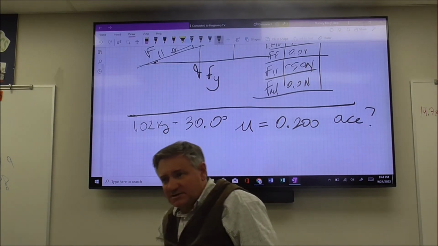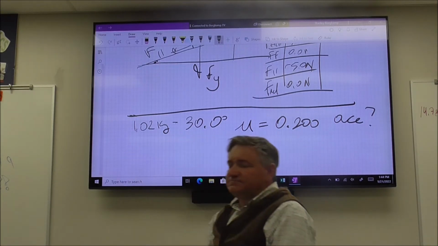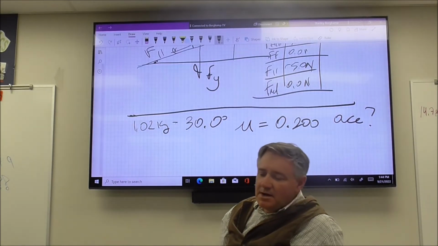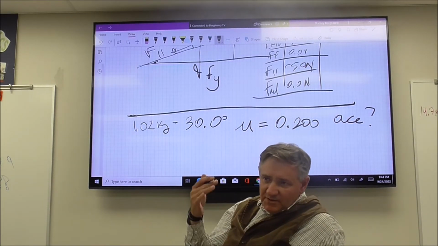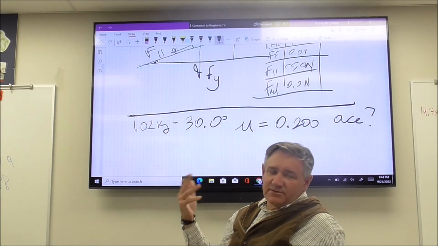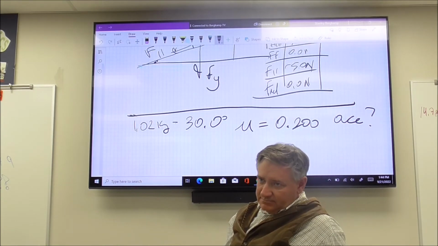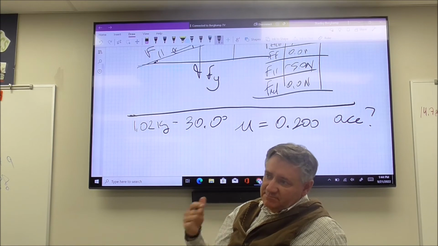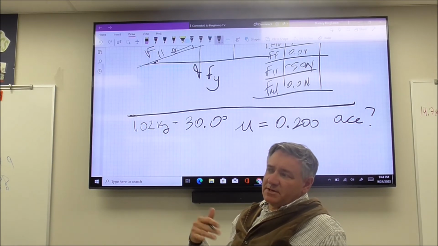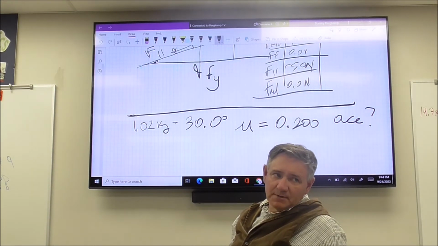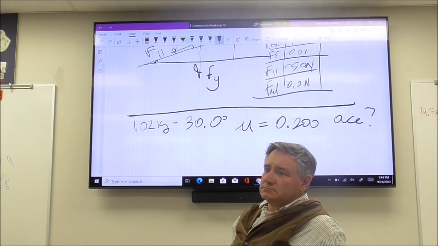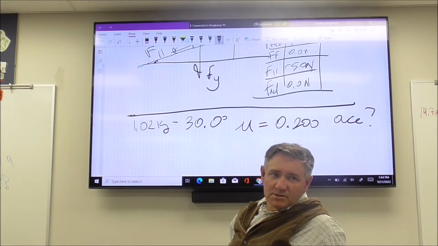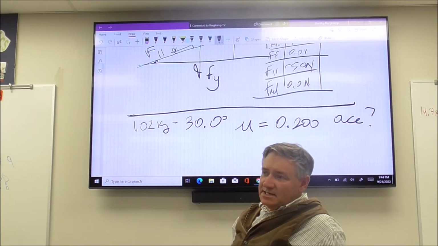Now what's the acceleration going to be? Let's think this through. When there was no friction, we had an acceleration of 4.9 meters per second squared. Now there's friction. So is my acceleration going to be bigger or smaller than 4.9? Smaller. Why? Because friction's working against it.